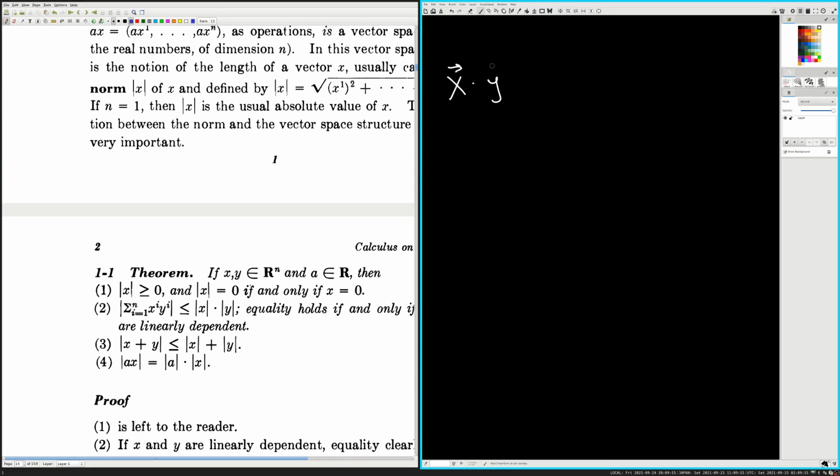The way the physicist would write it is x y, where if you don't put the vector hat you mean the length, x y times the cosine of the angle between them.